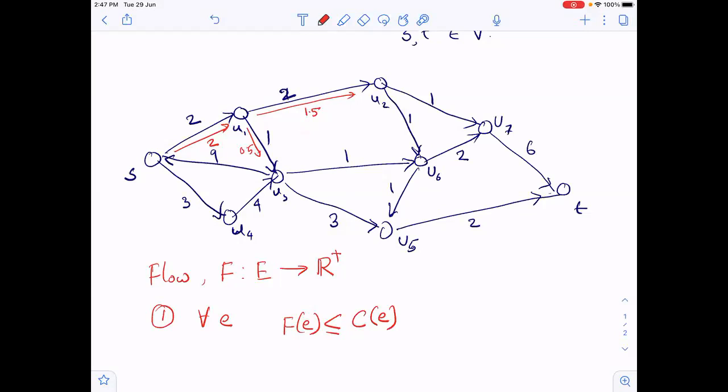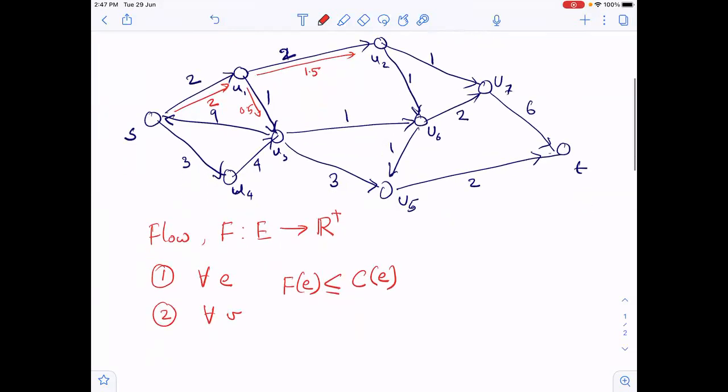So what does it mean? For all vertices, consider the sum of the amount coming in, where U ranges over all the possible vertices. Look at all the flows coming into a vertex from various places.